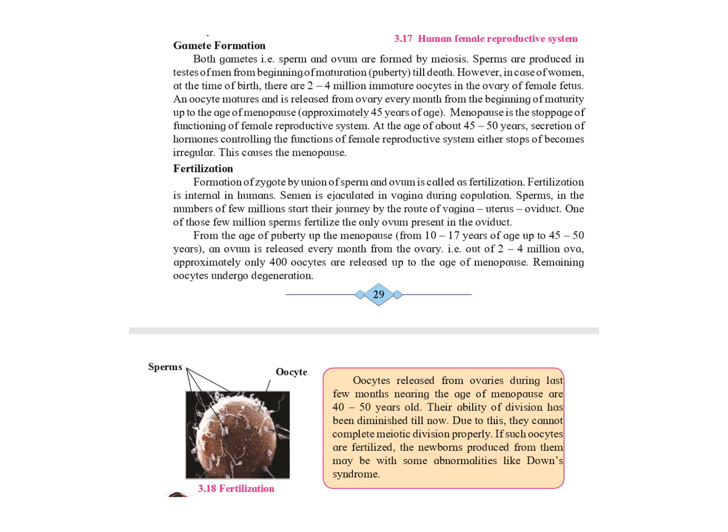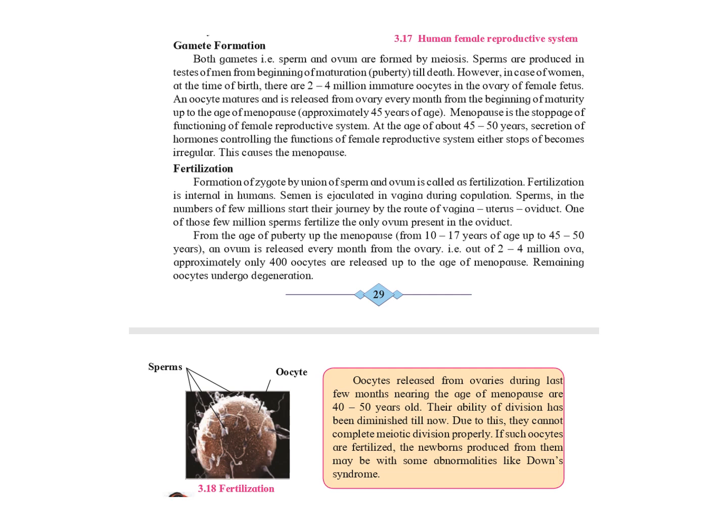Oocyte means immature ovum cells present in the ovary of every female. But by the time the girl reaches puberty, it can be at any age between 10, 11, 12, most of the oocytes undergo degeneration and only around 400 oocytes are left.